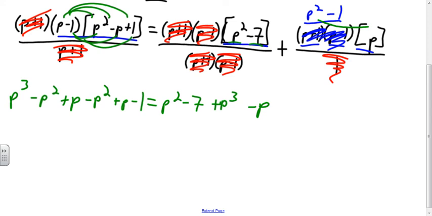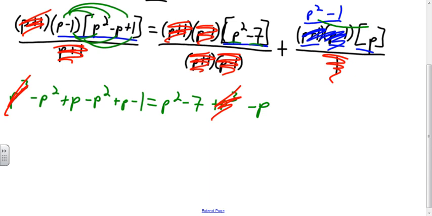It's starting to get a little more clean. Now we just combine some like terms. So actually, let's subtract some things out. We'll take out p cubed and p cubed. We have a plus p over here and a minus p over here. Actually, we can't. What am I thinking?